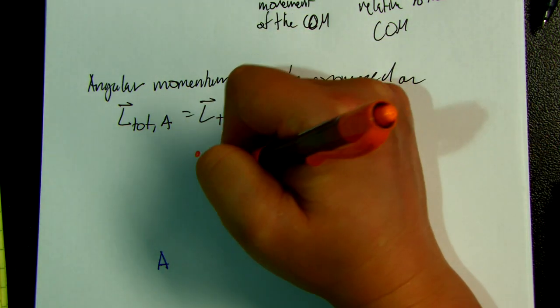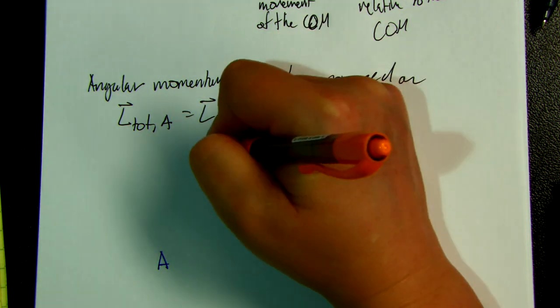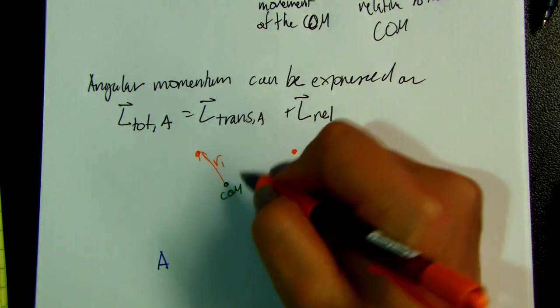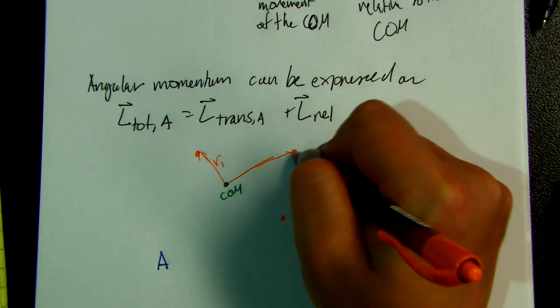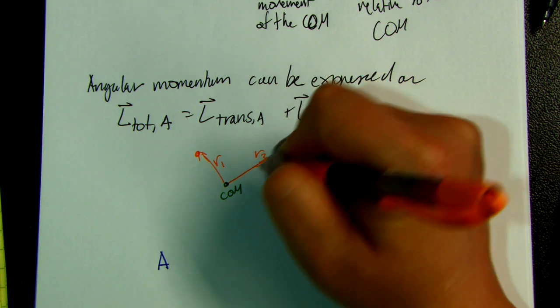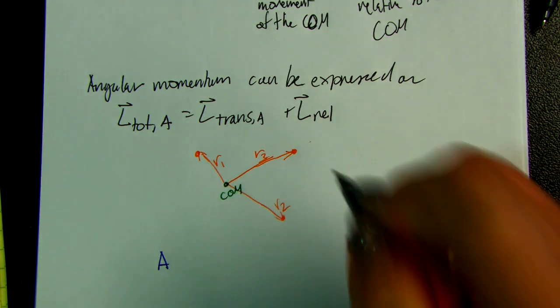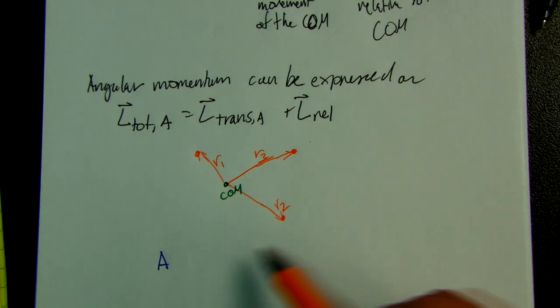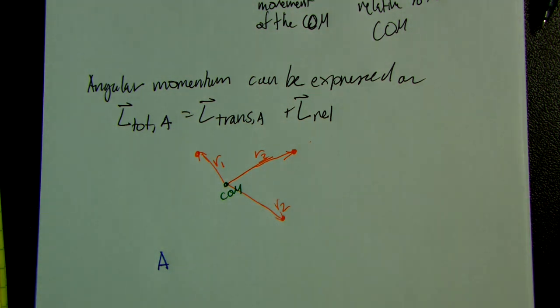So you've got R1, R3, and R2. All right, so these are the vectors corresponding to their distance from the center of mass.